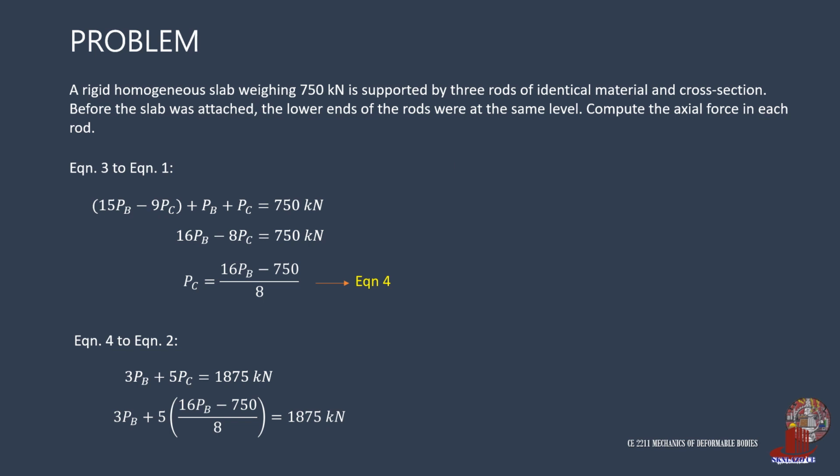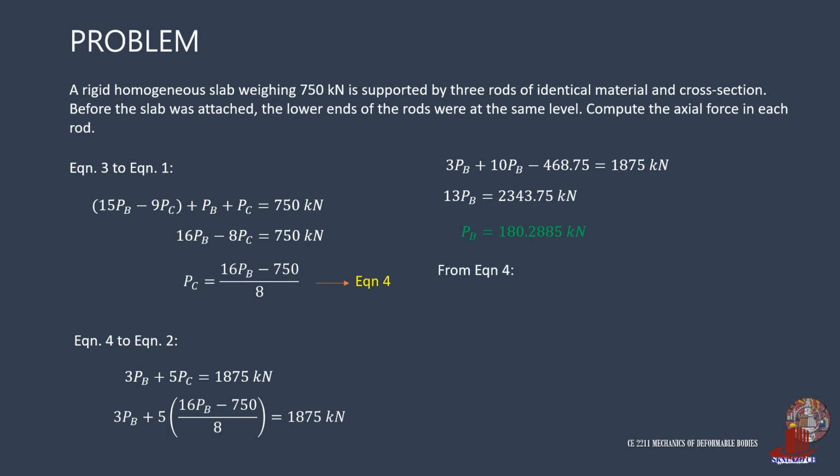Simplify the equation and have 3PB plus 10PB minus 468.75 as equal to 1,875 kilonewtons, which then becomes 13P of B as 2,343.75, giving P of B as 180.2885 kilonewtons. That's the first unknown answered.